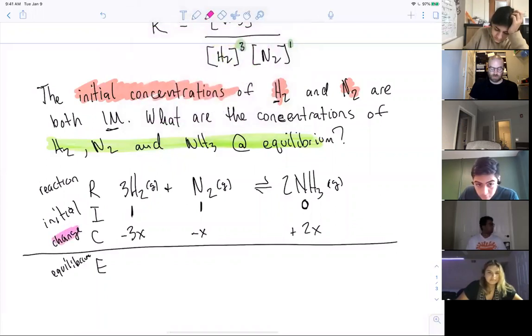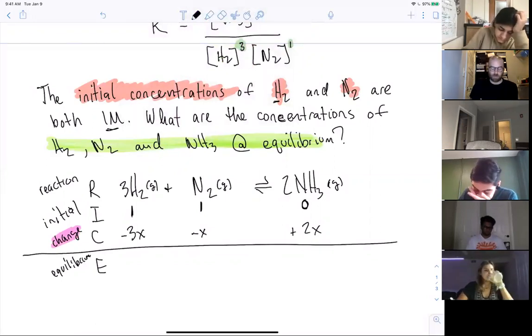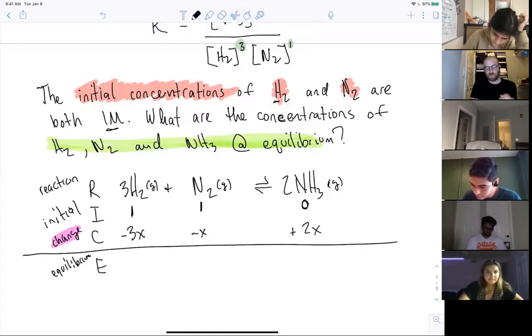So this piece here, the change, tends to just be very confusing. Where do those coefficients come from, et cetera? So you got to spend some time on that. But really all you're saying is the same thing you did previously to calculate yields and things of that nature.